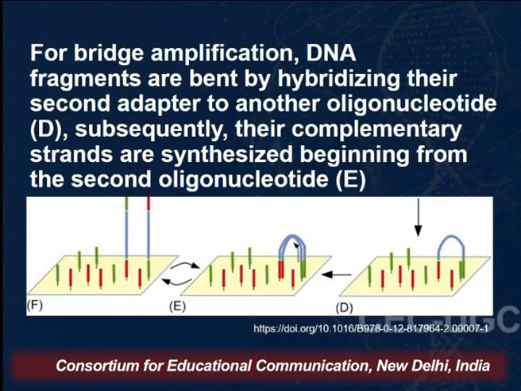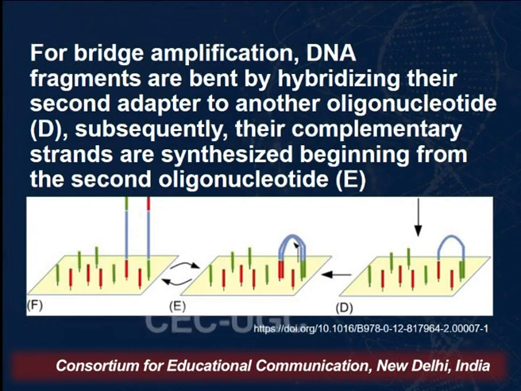Now, the top adapter molecule will bend over and hybridize to the adapter that is attached in its vicinity. When it bends and attaches, then the complementary strands are synthesized beginning from the second oligonucleotide. It is very clearly shown here. It starts from the right hand side of the slide, where you can see the bending has occurred.